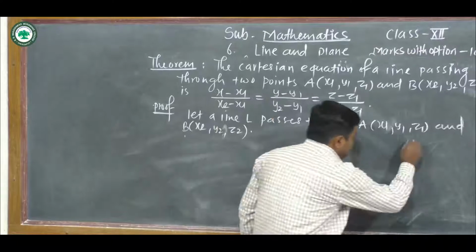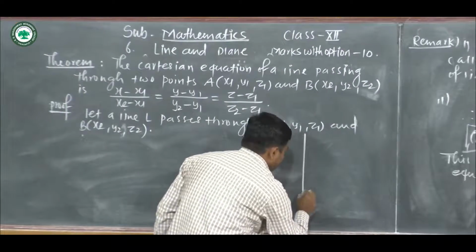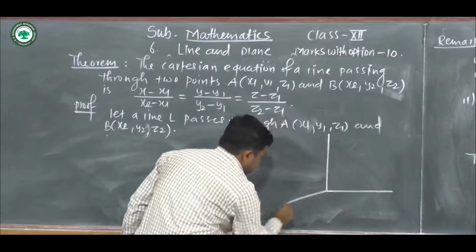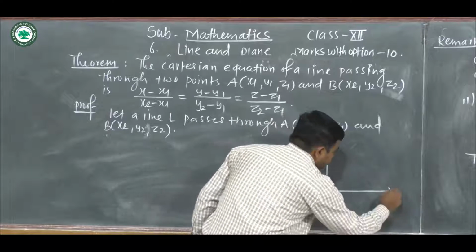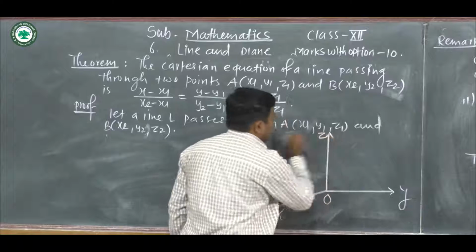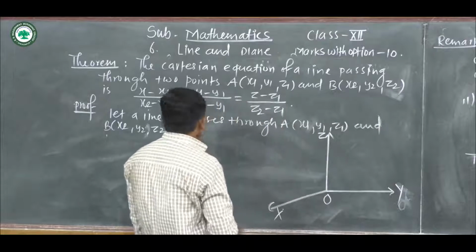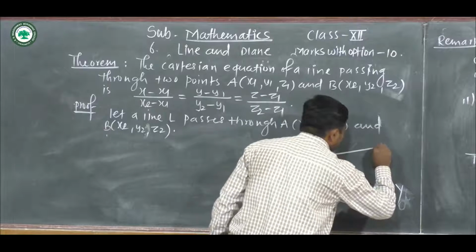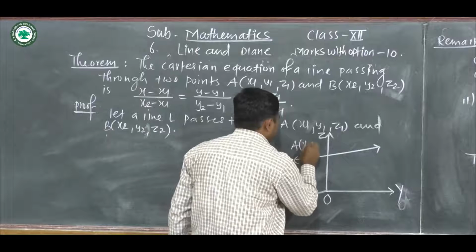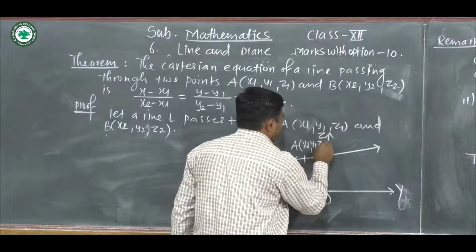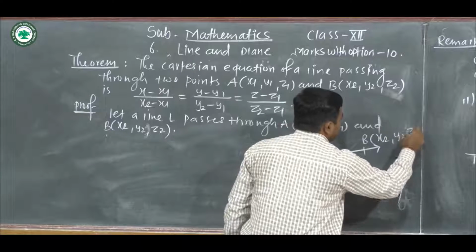If you draw the figure, this is a three-dimensional system: X-axis, origin, y-axis and z-axis. Your line is here, and point B is (x2, y2, z2).